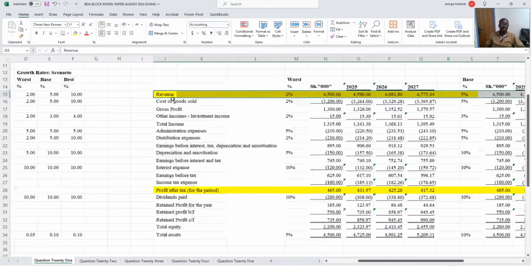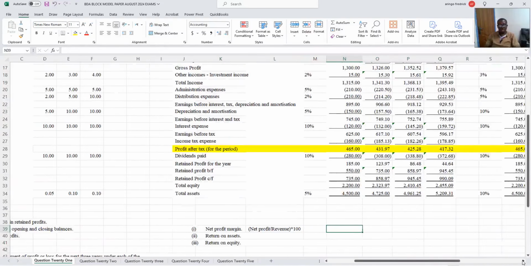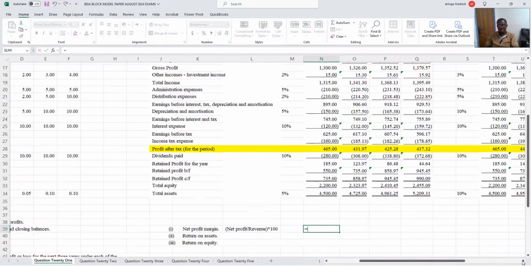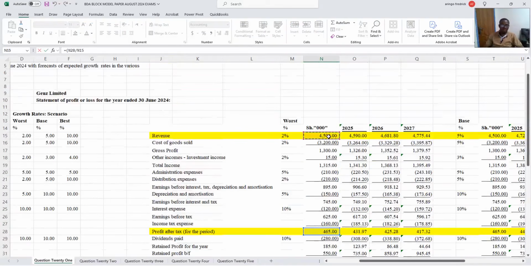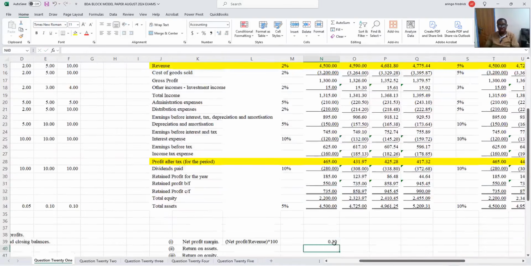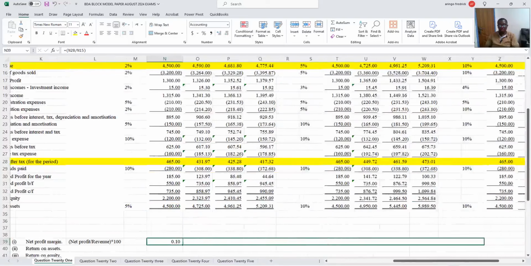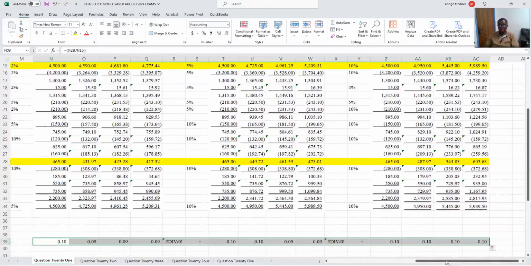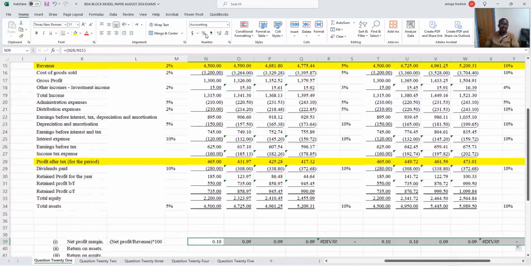So to determine our net profit margin, we take net profit, divide by our revenue, and multiply by 100 to give us a percentage. So in this case, we can determine all through. I'll just drag all through and have them in percentages.